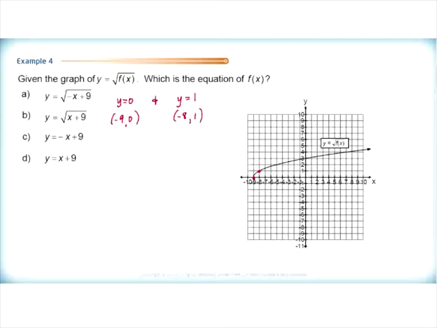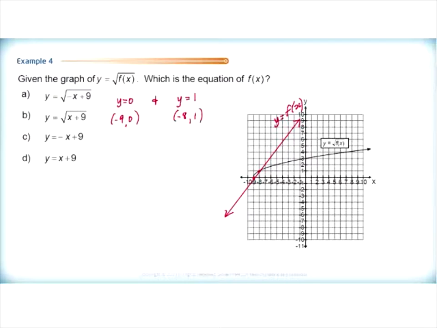If you know the coordinates of any 2 points that lie on a line, you could connect those points and you would indeed get the graph of a straight line. So we can determine the equation of that line, which will give us the equation of f of x.